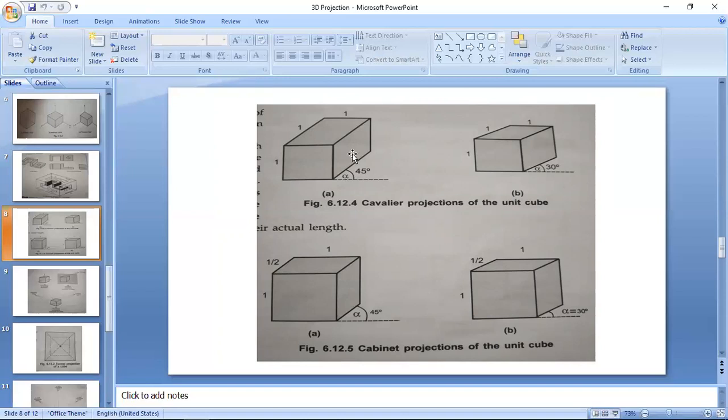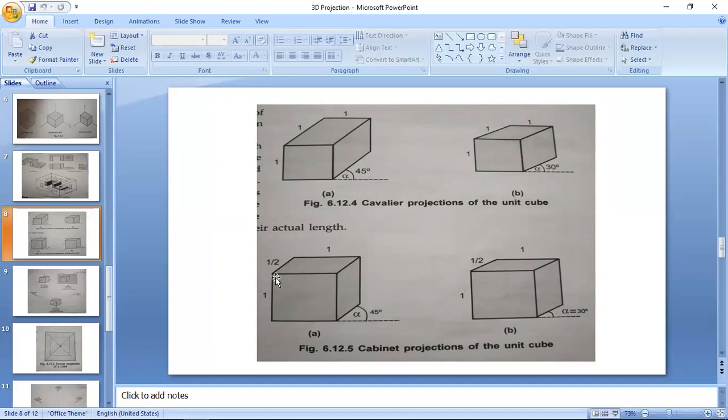In this diagram, you can see the Cavalier projection of a unit cube with the angles of 45° and 30° made by the projection lines with the projection plane. When the direction of the projection makes an angle of arctan 2, that is 63.4°, with the view plane, then the resulting view is called a cabinet projection, the second one.